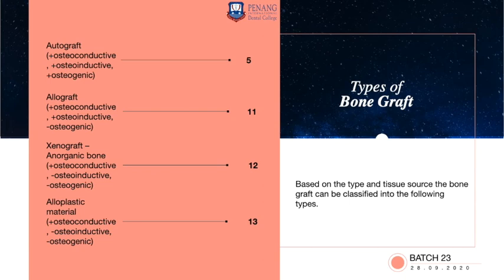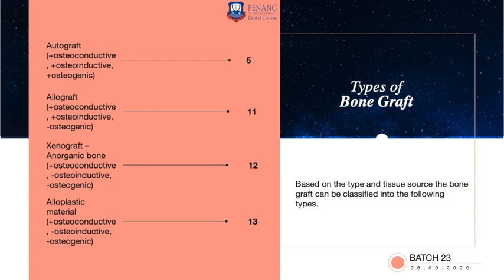These grafts have the ability of osteogenesis, osteoinduction and osteoconduction. So these autogenous bone grafts are the gold standard, as they can do all three things. The regeneration of bone will be better with an autogenous bone graft.